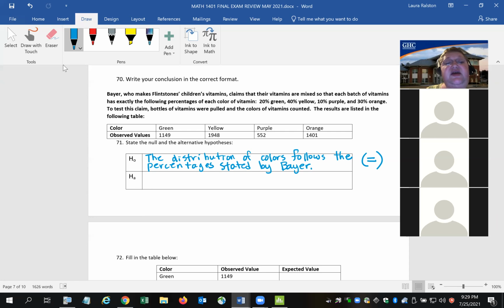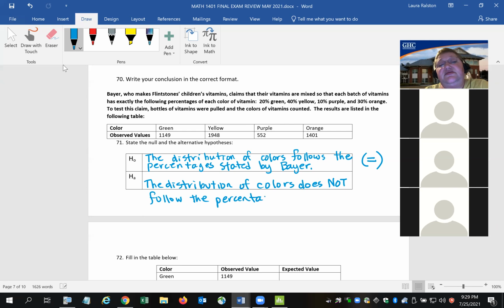The alternative then would be the distribution of colors does not follow the percentages stated by Bayer.